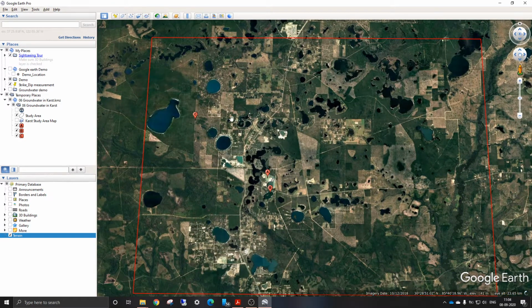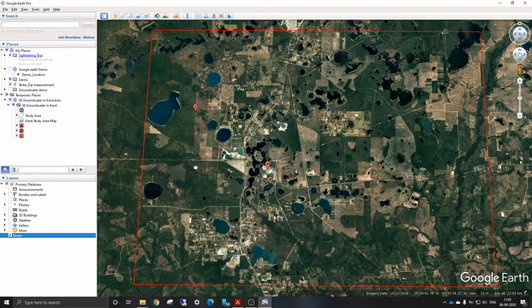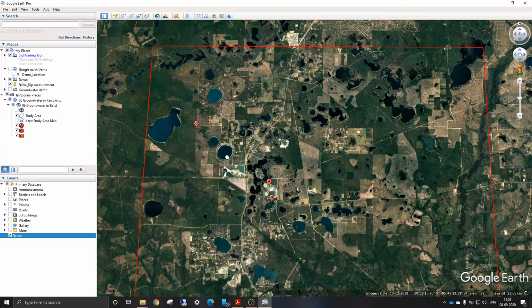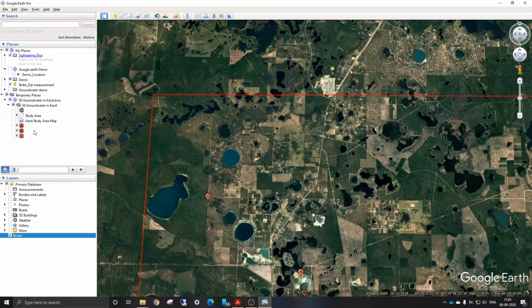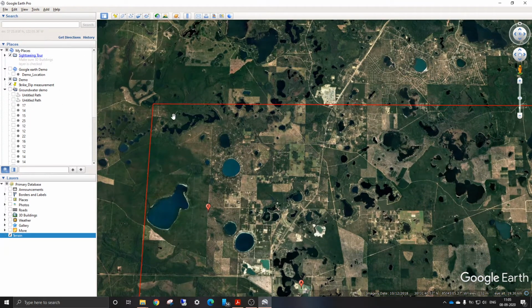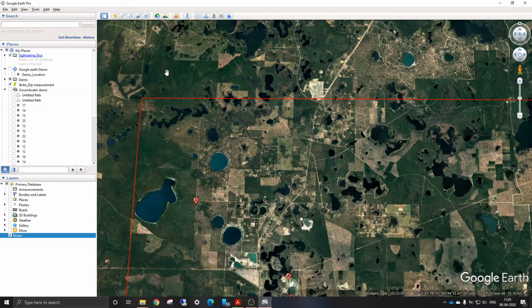circular in shape, and if you draw a profile across the sinkhole, let me draw one and show you what is the difference from the surface water body. I have already shown you how to draw a profile.